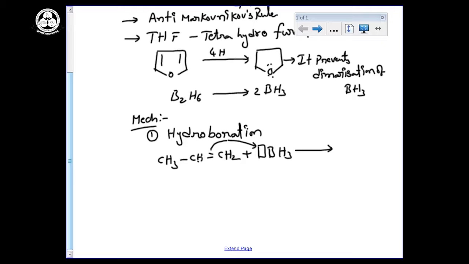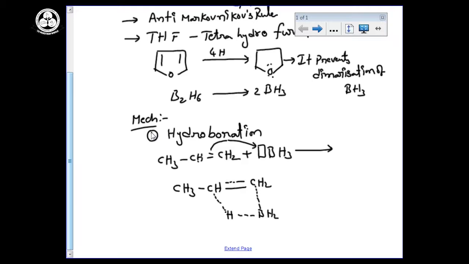Now it becomes CH3 CH. The double bond is going to be broken, and here CH2, and in this BH3 I am writing BH2 dotted line and hydrogen. Here a bond is going to form towards boron, and here a bond is going to form towards hydrogen.